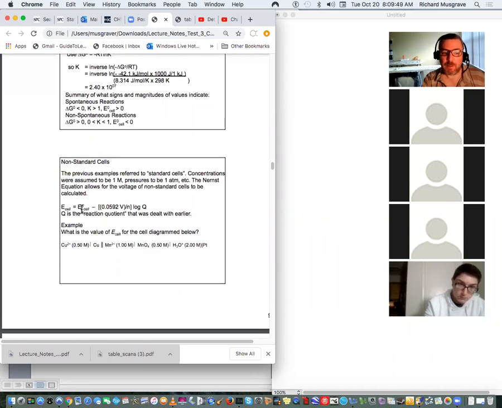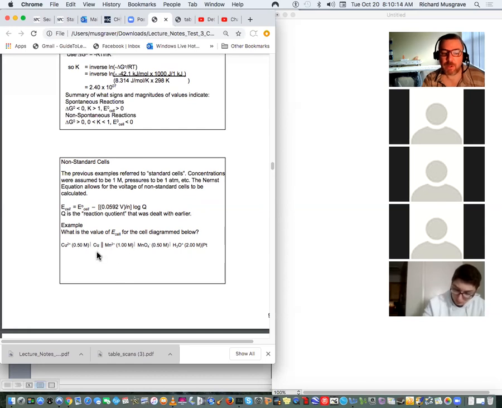So here's an example of how we can apply the E cell value of the Nernst equation. It's very similar to what we had just done, except now you're dealing with situations where the aqueous solutions are quoted as having certain concentrations, and you can see they're in parentheses beside each one.